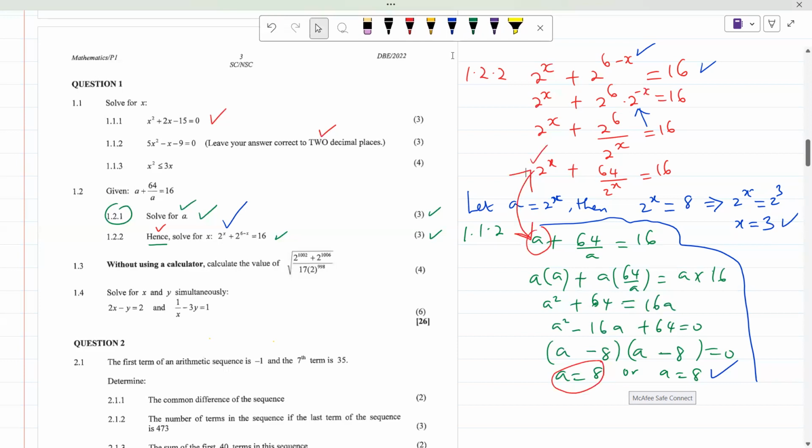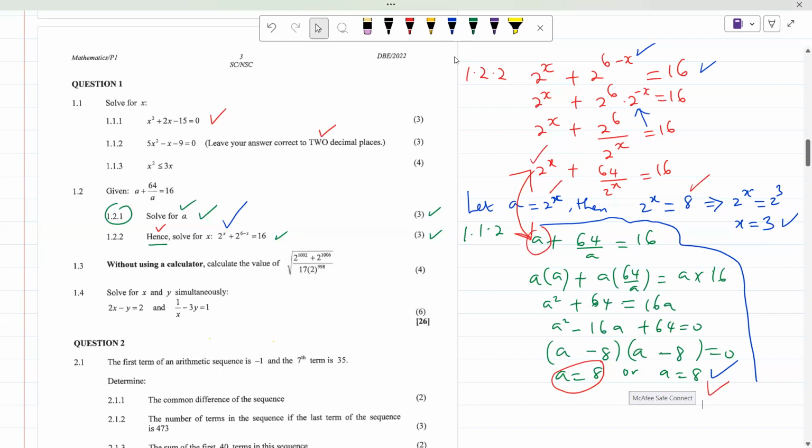Which means in the place of a, 2 to the power x is equal to what? So 2 to the power x is equal to a, which means 2 to the power x is equal to 8. Why? Because 2 to the power x is a, and a is 8. Right, good. So we have 2 to the power x equals 8.